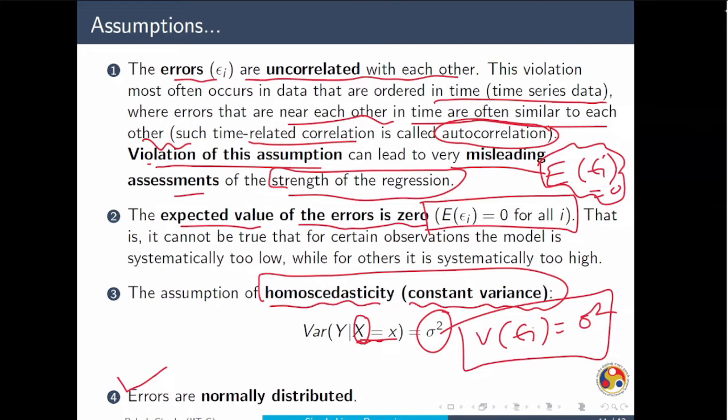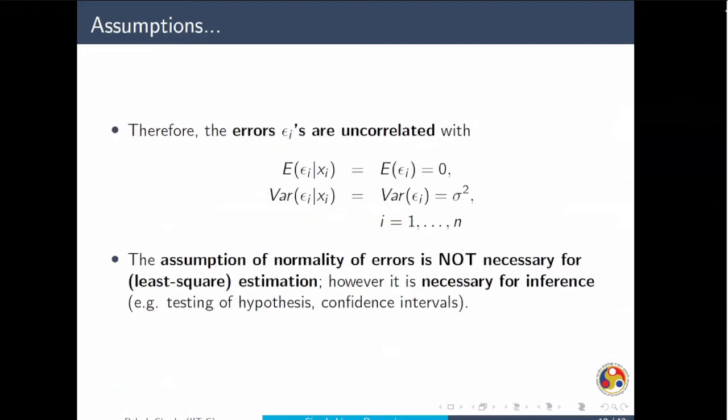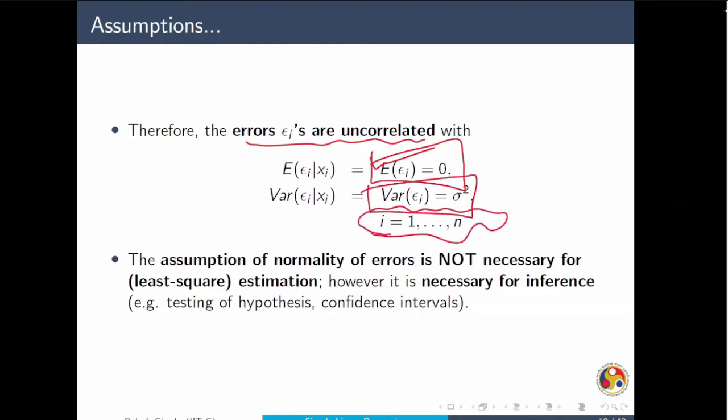Okay, so in a nutshell, the errors epsilon are to be uncorrelated, the expected value of epsilon is 0, and the variance of epsilon is sigma squared for all the observations i equal to 1 to n.